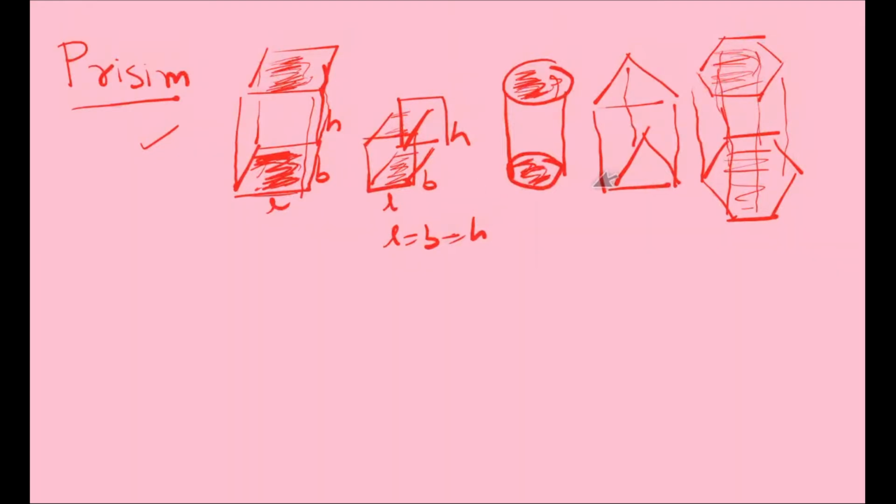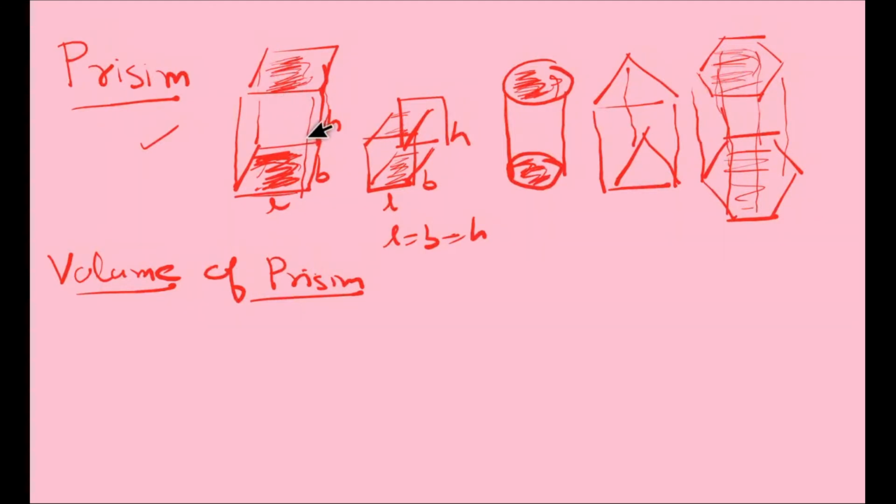Okay, now if we are talking about the volume of prism, what is the meaning of the volume? You know, in physics, what is the meaning of the volume? Space covered by this solid, that is known as the volume.